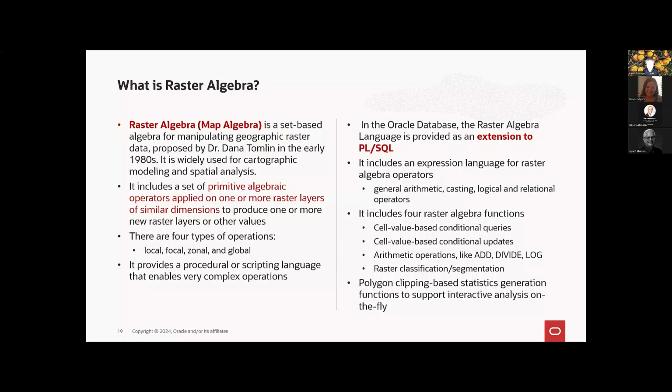So we have cell value-based conditional queries we can do. We also have cell value-based conditional updates we can do directly on a raster image. And we can combine it with arithmetic operations like dividing, adding, whatever you can think of. And we will also see an example for doing raster classification.